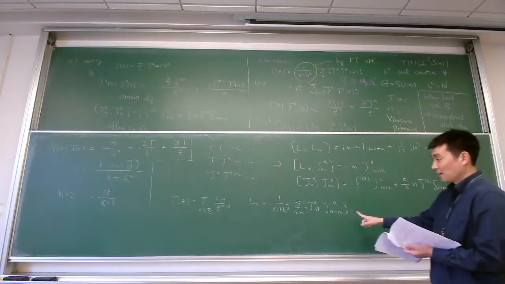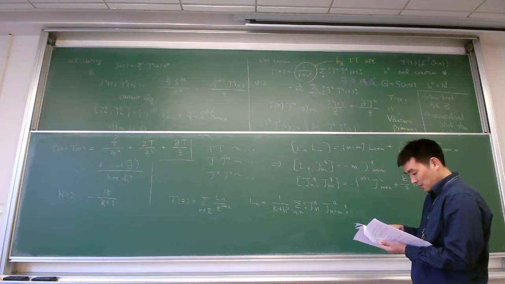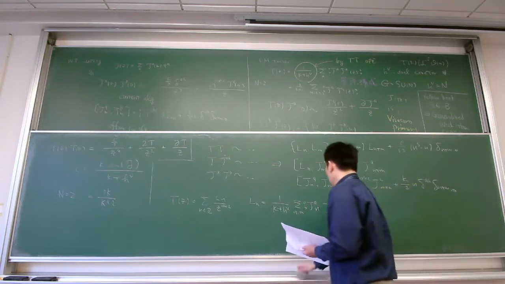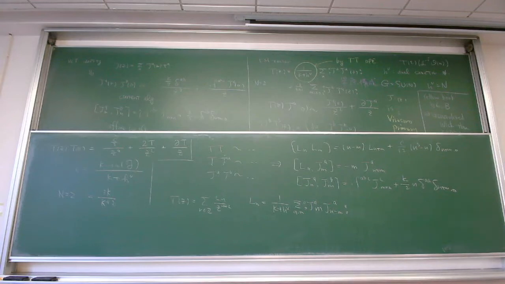This one. I think it should be m minus n. I see. Yes, thank you very much. Is it a typo in my lecture note? If it was a typo, I need to check. Oh, it's not a typo. It's my mistake.